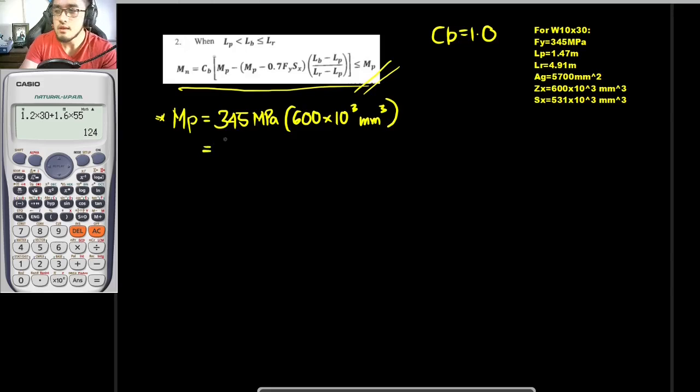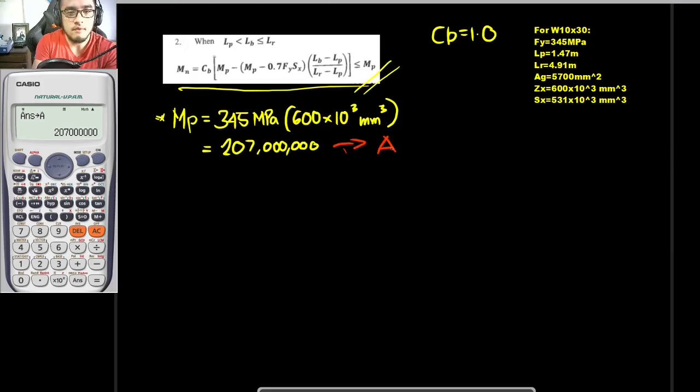So solving for this, 345 times 600 times 1,000, our Mp here would be equal to 207 million. So our answer for our Mp is 207 million. And I would just be storing this to A, so shift store A. So there, I have stored this value to A already for the simplification of our formula later.